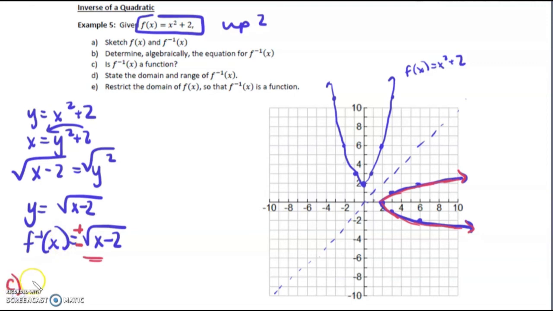Okay, so f inverse of x is not a function. It doesn't pass the vertical line test. We can see that 2 y's satisfy each of these x's where it's defined, except for this point here.